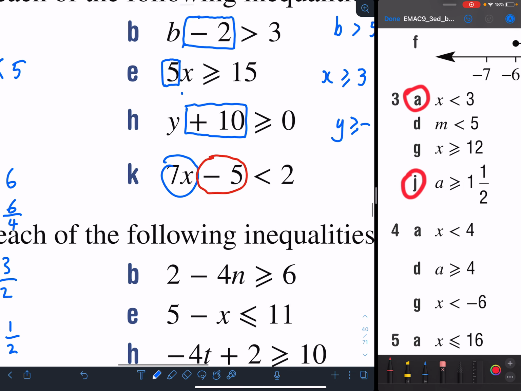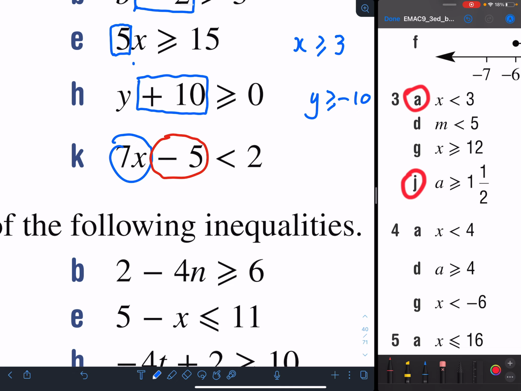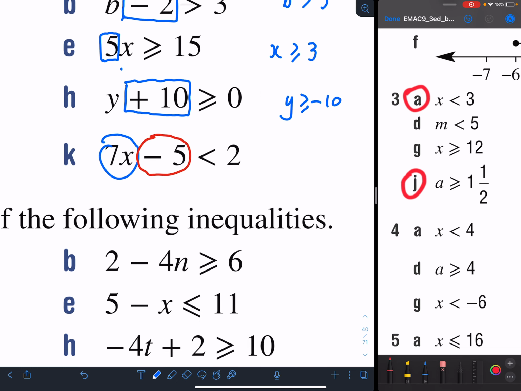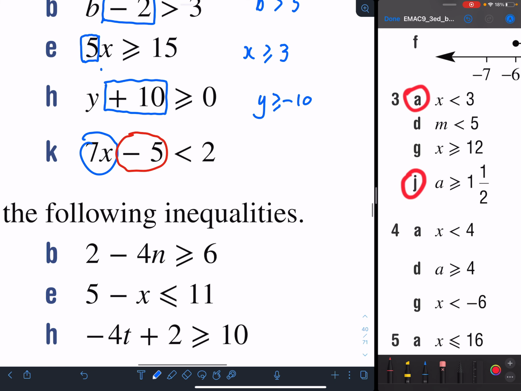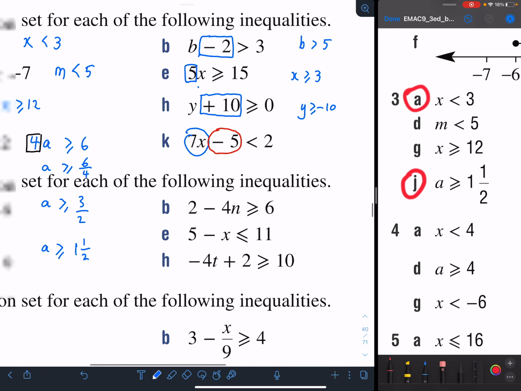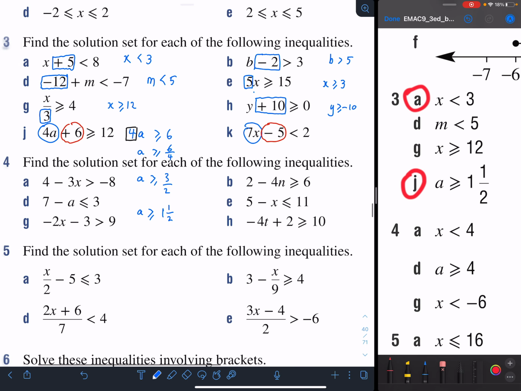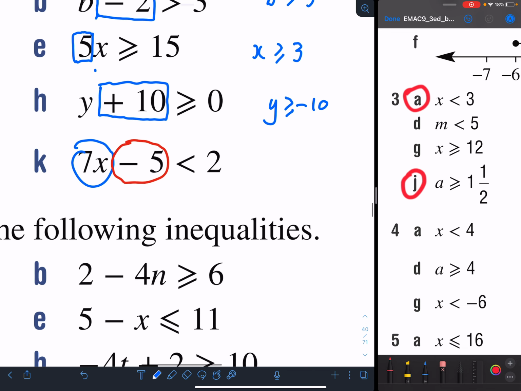Let's now move finally to K. With K, we need to remove the minus 5 first, just as when we did question J, we removed the plus 6 first. So we add 5 to both sides.